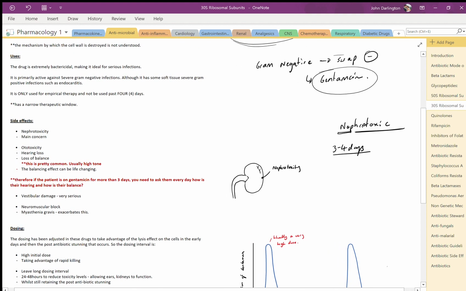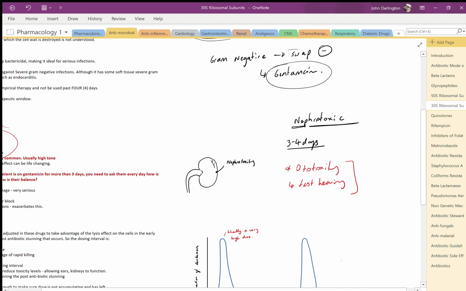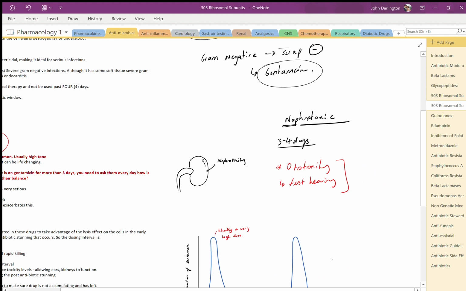The other really huge thing to know about, which is high yield, I'll put this in red, is ototoxicity. And this is actually probably the main side effect of this drug. People lose their hearing very quickly, and so you actually need to test their hearing every day that they're on this. I don't know how much you would actually be doing this in your job, but certainly for your exams you should know that it causes ototoxicity.